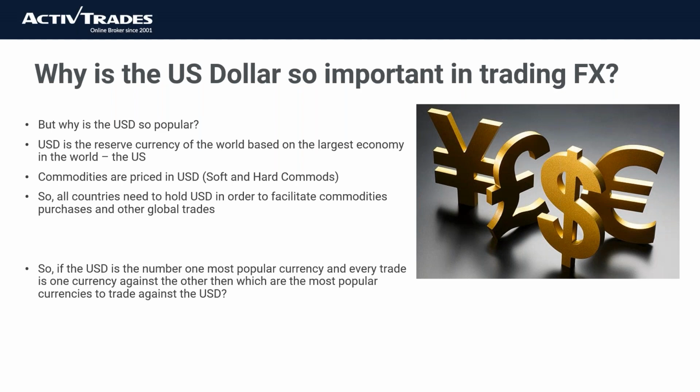Because it's the reserve currency of the world. Commodities are priced in it. A lot of international trade is priced in it. So if the US dollar is the number one most popular currency, and every FX trade is one currency against the other, which are the most popular currencies to trade against the US dollar?